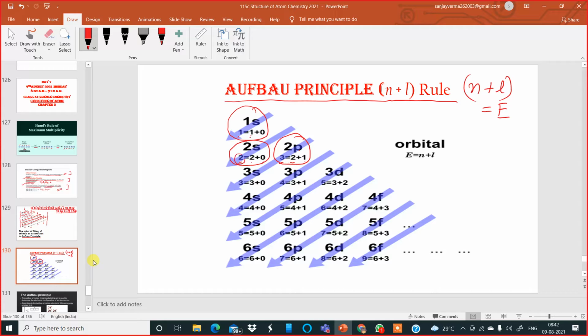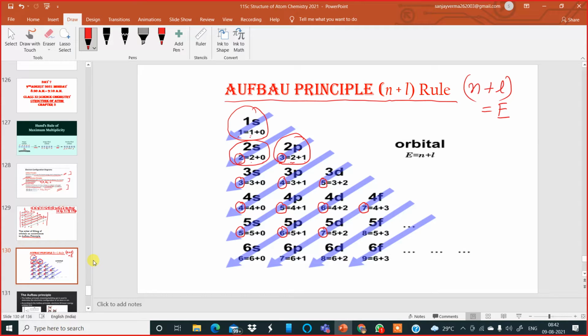So these are the comparative energies for the various orbitals which you can see over here. Based on this, we place them in the energy levels in increasing order of energies, and then we fill them with electrons for different elements. Okay, so that is how we remember the n plus l rule.